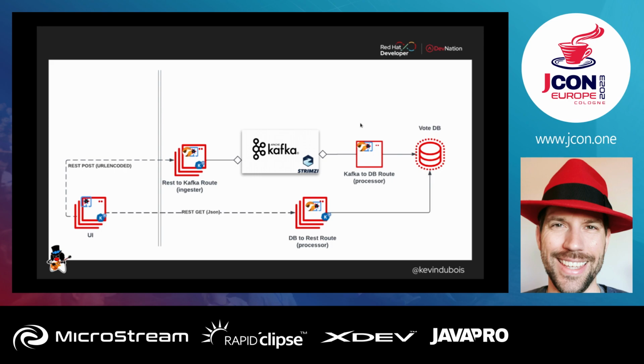So the idea behind this demo is you have this UI, and I'll show a QR code where you can vote for your favorite IDE, IntelliJ or Vim or VS Code or whatever, and then it's going to send an event. Every time you tap, it's going to create a request, just HTTP in this case, to an ingester application that's scaled down to 0 until you send a request.